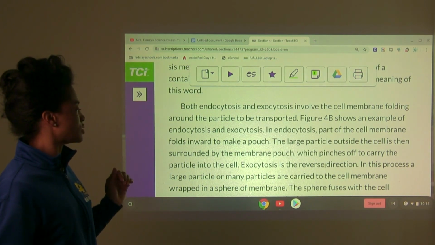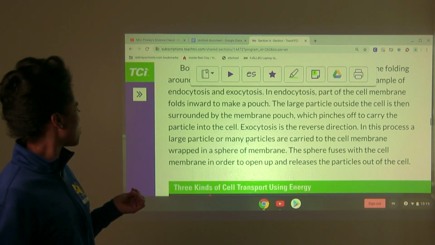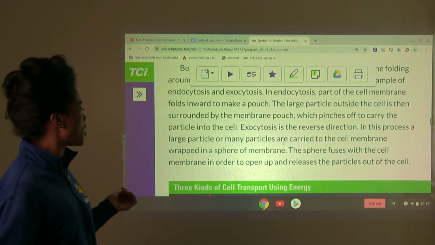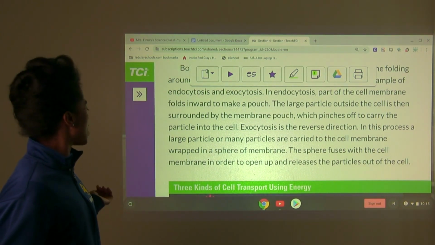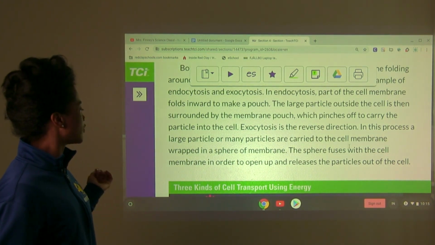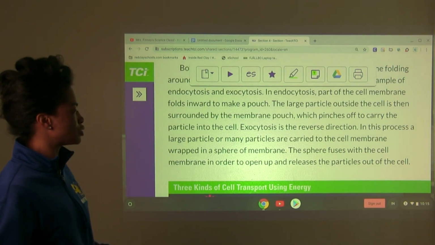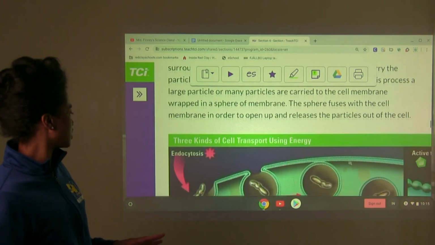Now, exocytosis is the reverse direction. In this process, a large particle or many particles are carried to the cell membrane wrapped in a sphere of membrane. The sphere fuses with the cell membrane in order to open up and release the particles out of the cell.